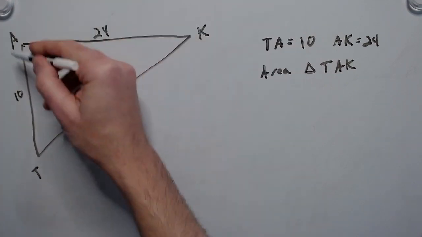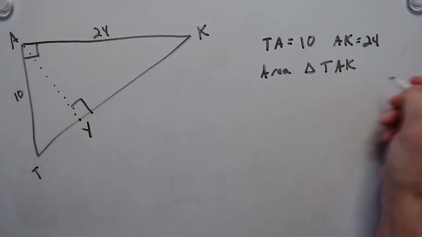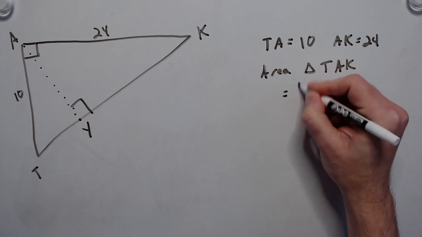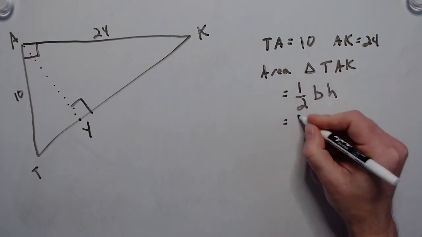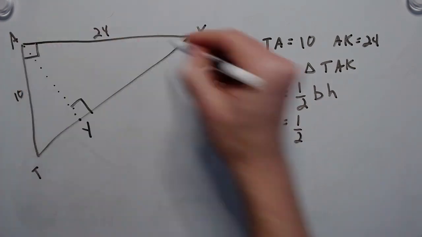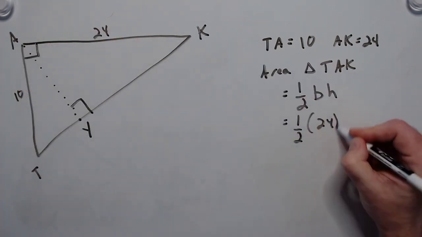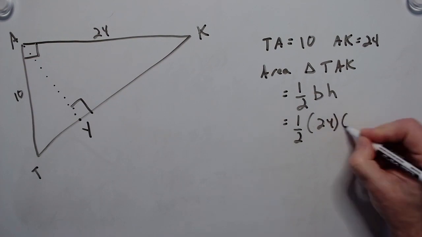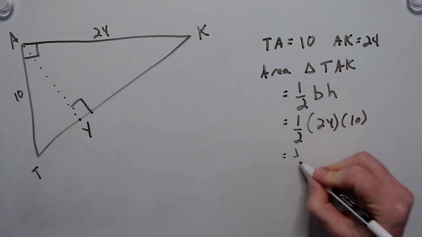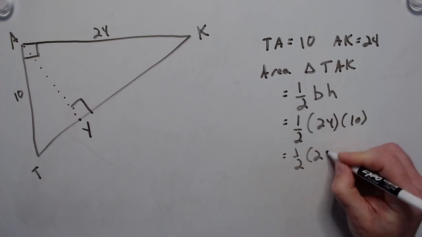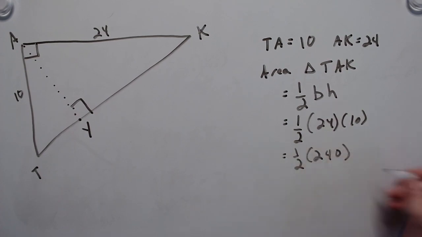So the area is 1/2 the base times the height. The base across the top is 24, and the height is 10. So that's 1/2 of 240, which is equal to 120. And we're going to erase some of these values and try a different problem.